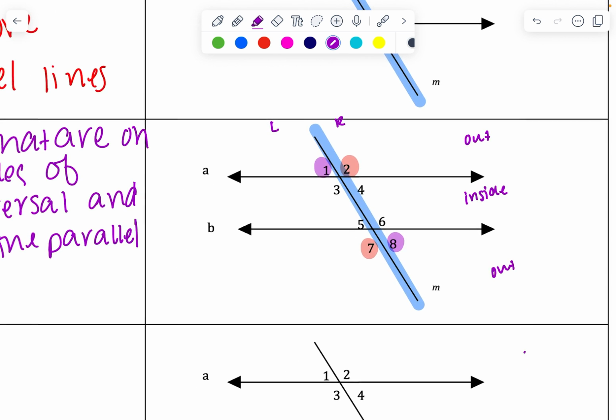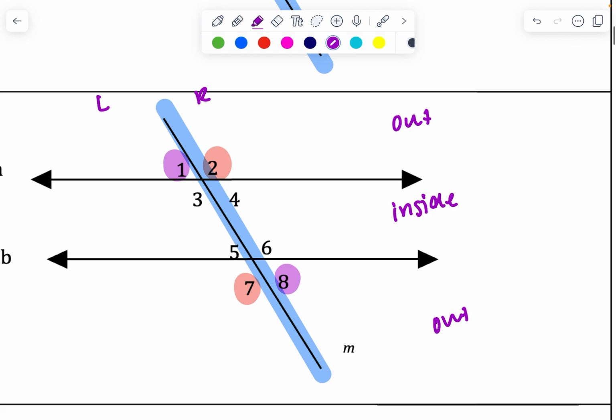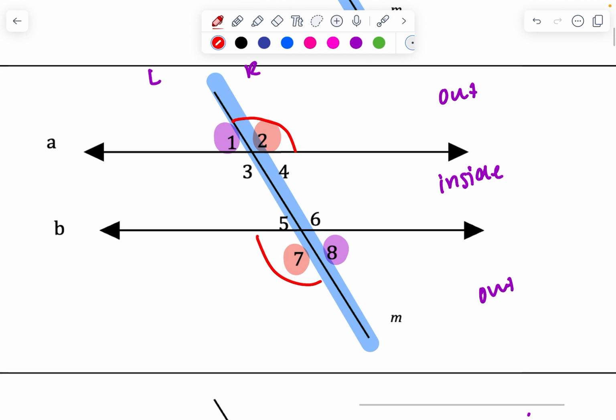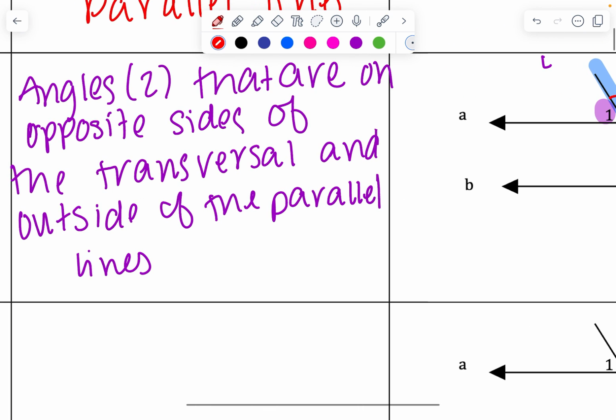If you're looking at the two red ones, the 2 and 7, again, don't go by the size, like, oh, that looks like an obtuse angle. Just know that you can see that and say they look congruent, and they are. All alternate exterior angles are congruent.